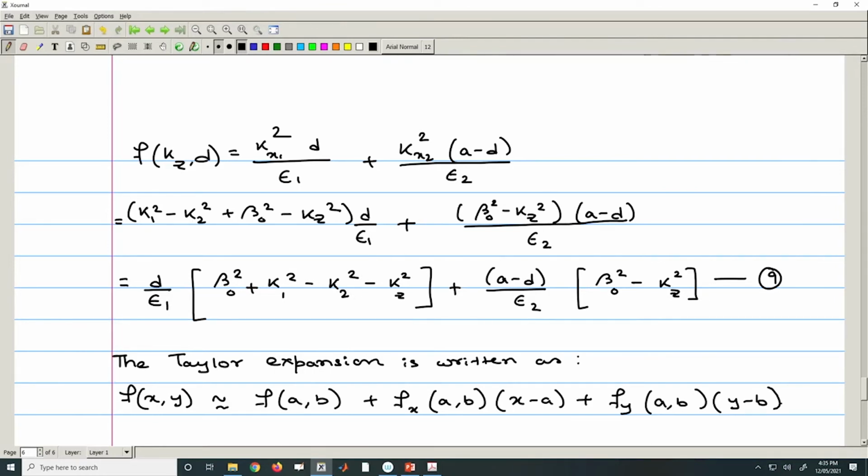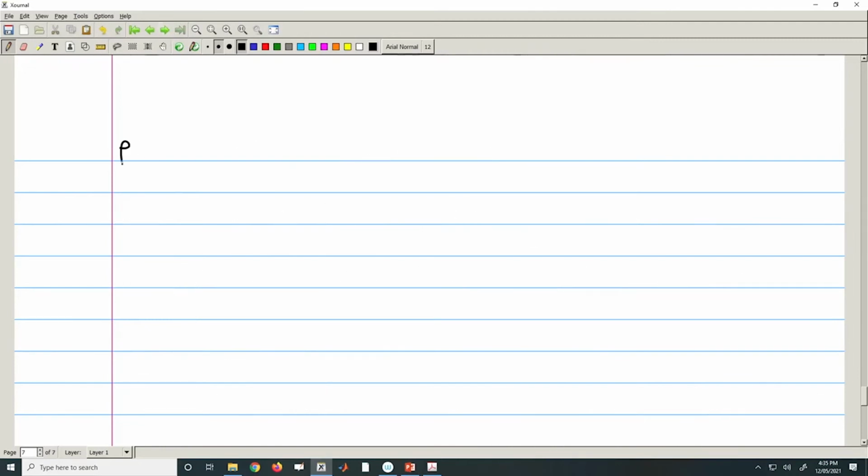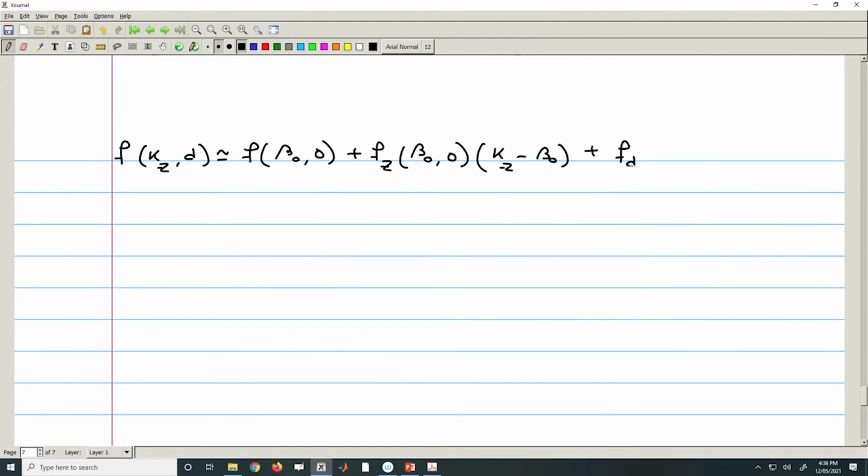Okay. So, now in this general formula we will place, and then we will have f of k_z comma d can be written like f of beta naught comma 0 plus f_z at (beta naught, 0) times (k_z minus beta naught) plus f_d at (beta naught, 0) times d.